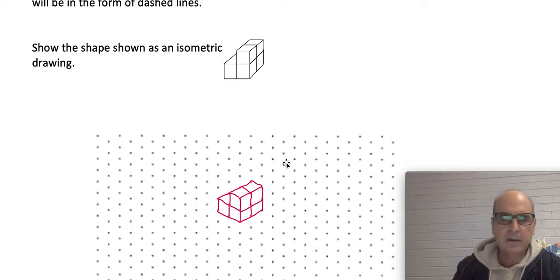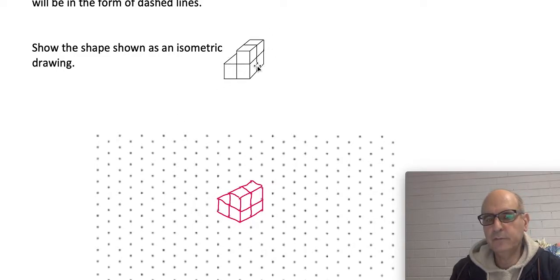So this is the oblique form they have given to me, and they ask me in this example to show it in isometric form.